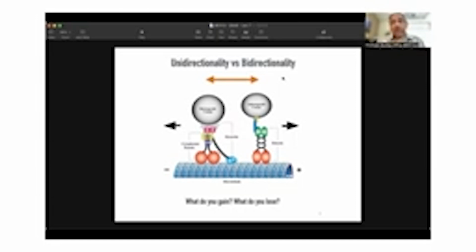Right. So bidirectionality could be beneficial because of certain reasons. But the point I'm trying to make here is that unidirectionality seems to have been chosen because of this major factor: the regulatory system that bidirectionality would have required may or may not have the error correctness that a unidirectional system may have.